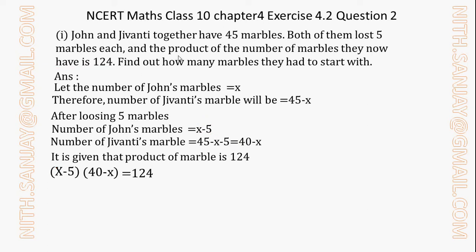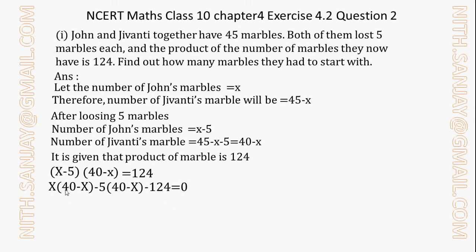Right, now we will simplify this equation. First of all, I will multiply this x with these terms. So what I'll get is x into 40 minus x. Now I will multiply minus 5 to this whole term, and this is equal to 124.